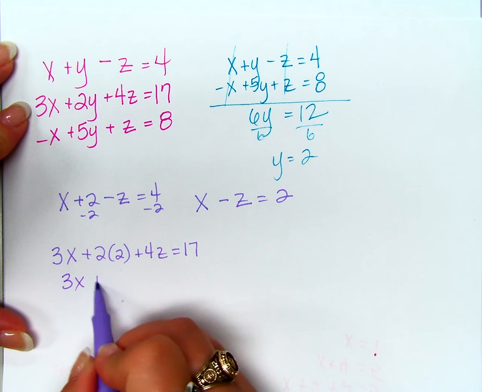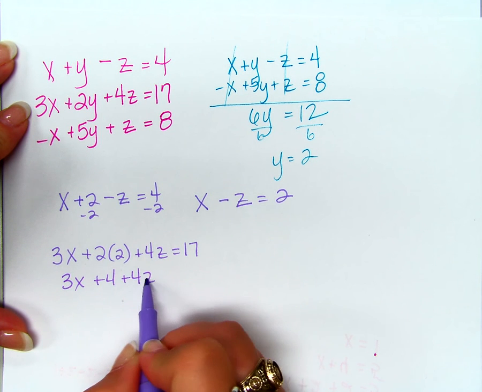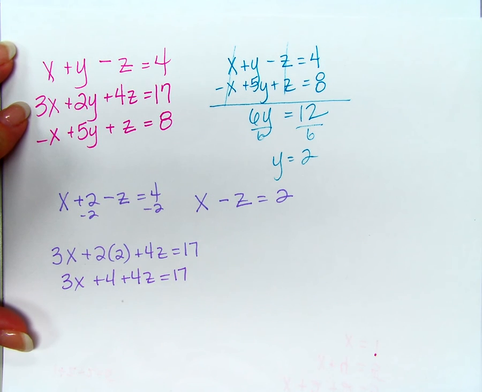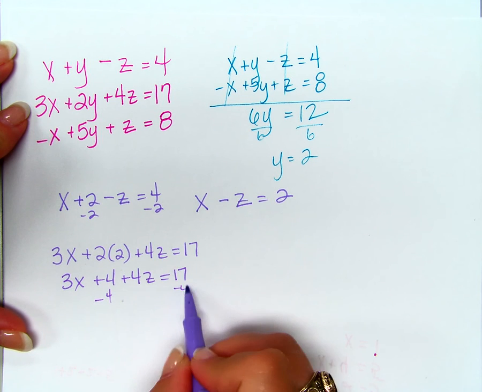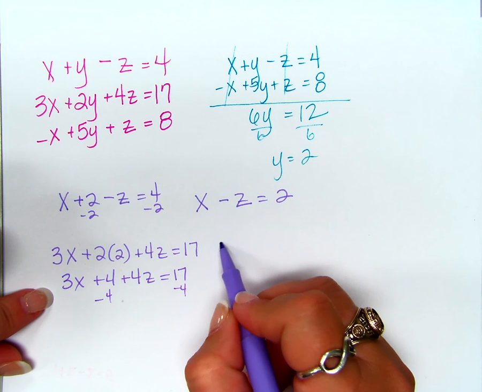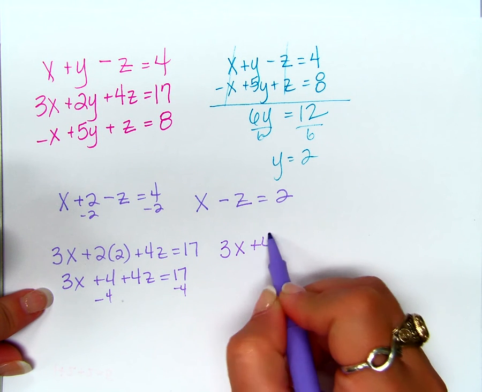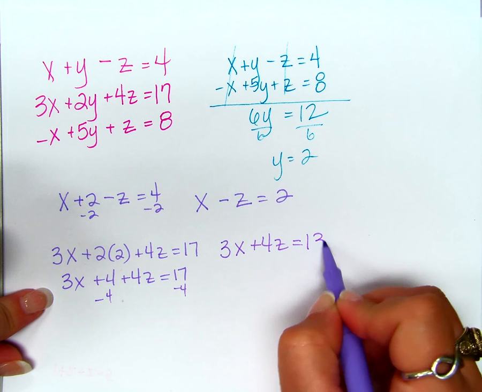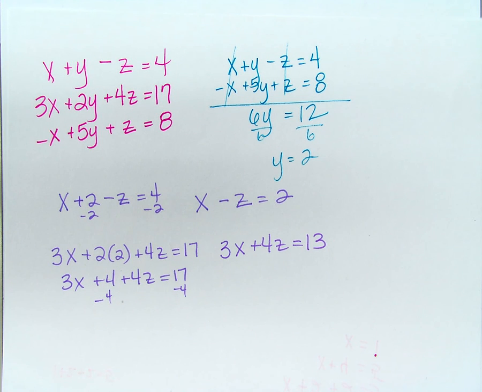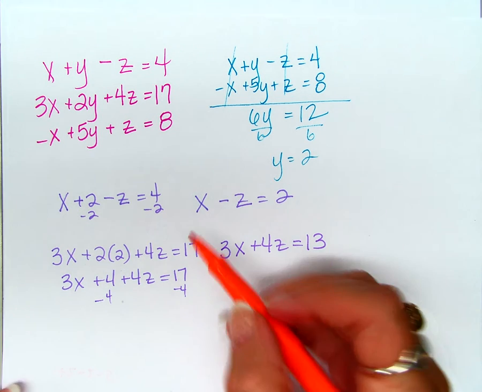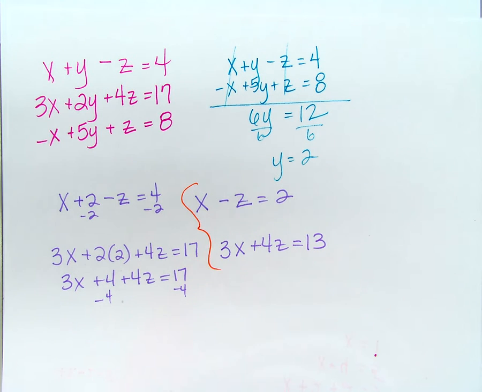So 3x plus 4 plus 4z equals 17. Now if I subtract 4 from each side here, I'm going to get 3x plus 4z equals 13. And now I have this new system right here. Yes? Two equations with x and z. That's what I need, right?